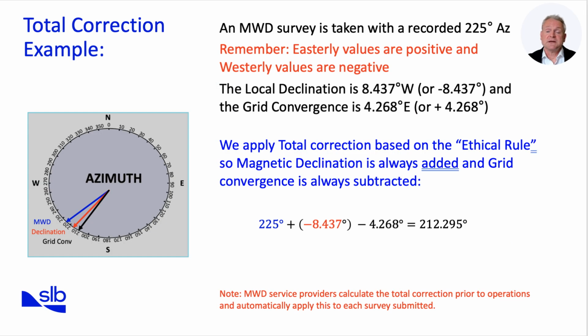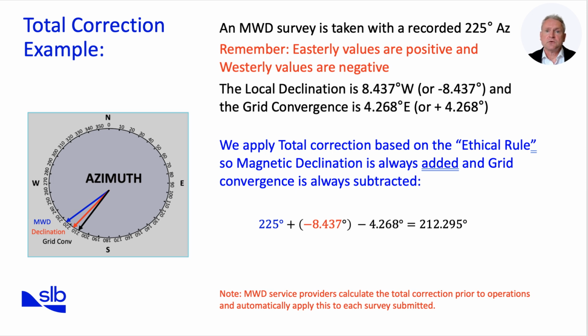Let's walk through a worked example. Suppose an MWD tool records an azimuth of 225 degrees. The local magnetic declination is 8.437 degrees west, which we treat as negative 8.437, and the grid convergence is 4.268 degrees east, or plus 4.268.